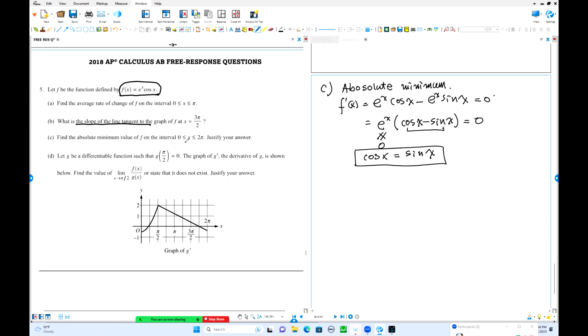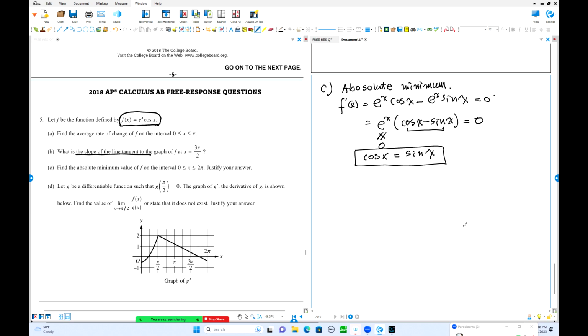Because the value of x is between 0 and 2 pi, it's better to use the graph over here. This is one cycle, 2 pi. Half of this and another half, there are 4 intervals. Height is 1, lower is negative 1.